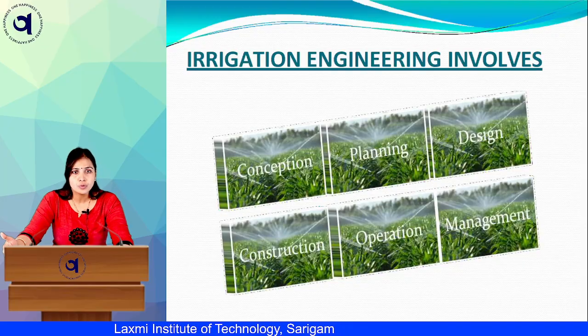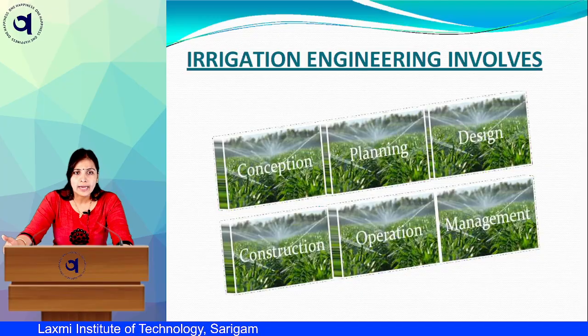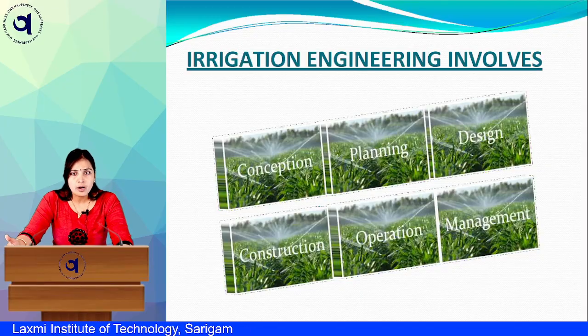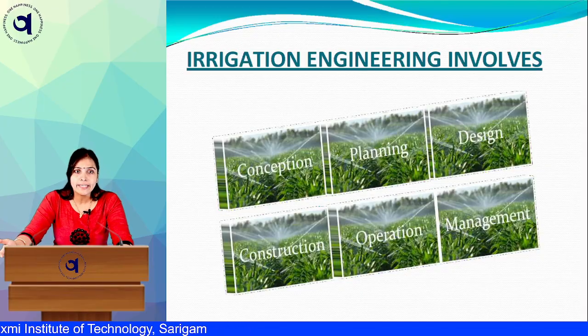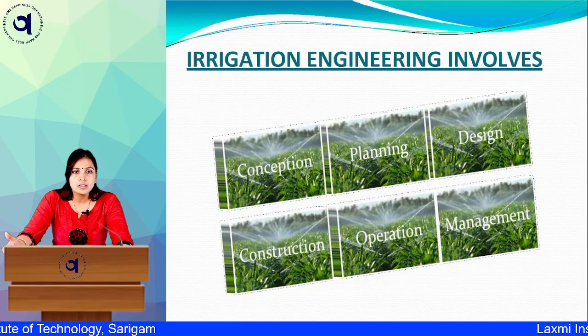So the planning should go on. Then the design of the hydraulic structure and the design of the canal, then the construction part, and how we are operating it, in the monsoon season, in the summer season, in the winter season, whether seasonal or perennial irrigation we are doing.